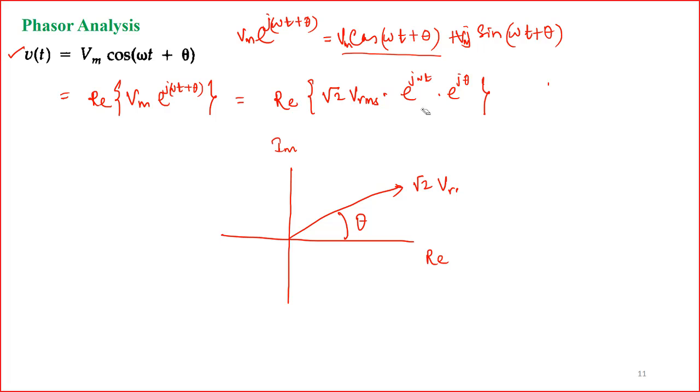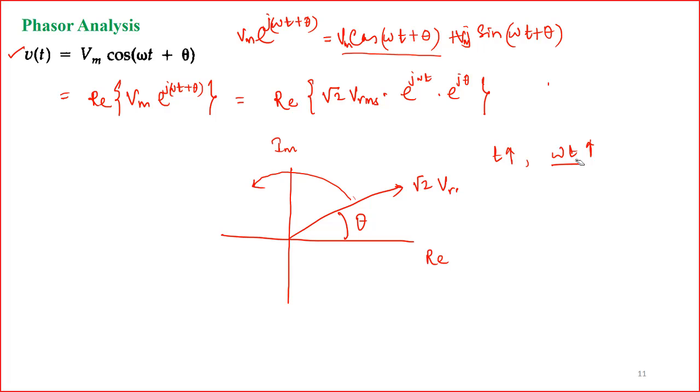Because if I see with the increase of time, as the time increases, this omega t will increase, and as omega t increases, this phasor will also rotate, right? The angle will increase and this phasor will rotate at the speed of omega.